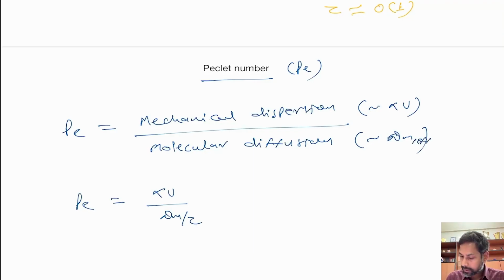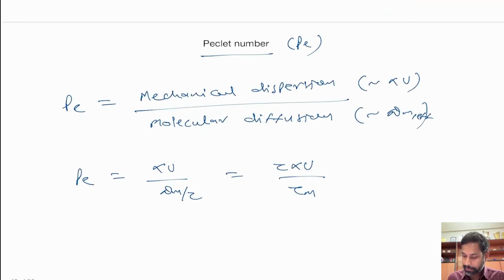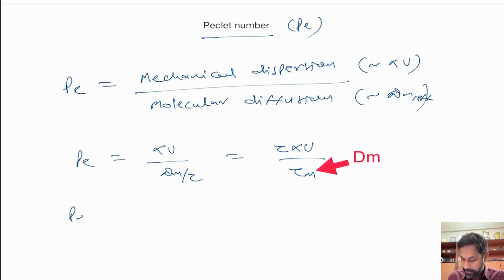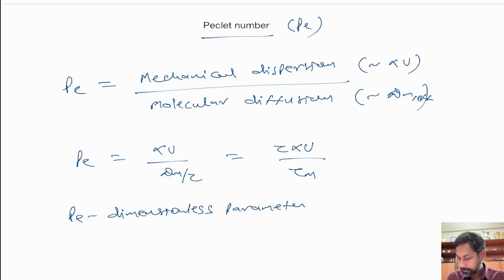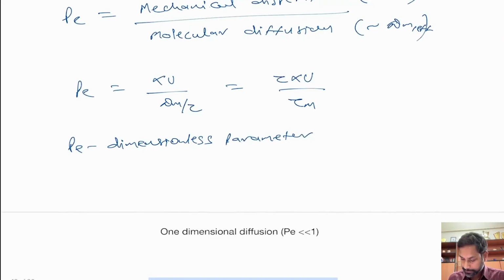So this is, let's say, the effective. So this can be written as tau alpha u over Dm. Okay, so that is your Peclet number, and this is a dimensionless parameter. Peclet number is dimensionless and gives you the relative importance of mechanical dispersion over molecular diffusion.